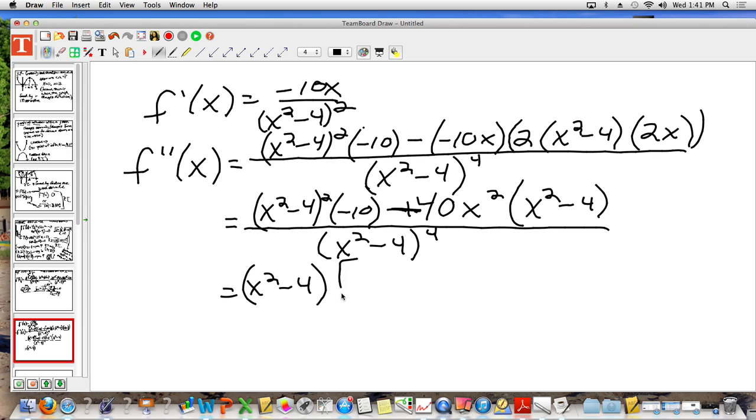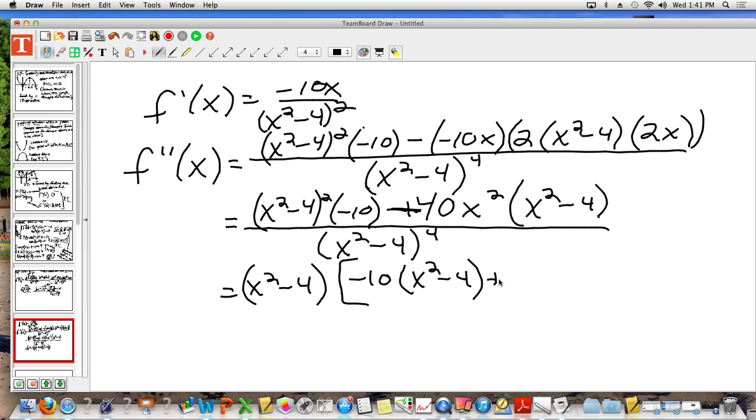And I'm going to put a bracket here, only so that I can separate the thing that I factored out from the leftovers. So I factor out an x squared minus 4. What is left inside? A negative 10 and an x squared minus 4. Do you understand where the x squared minus 4 came from? I only factored 1 of them out, so I still have 1 left over.